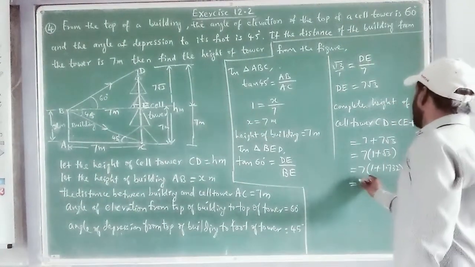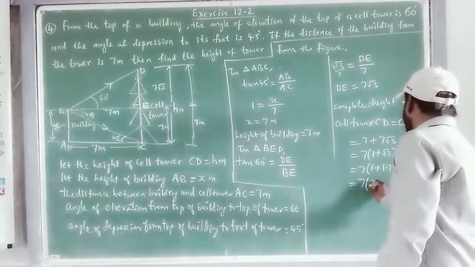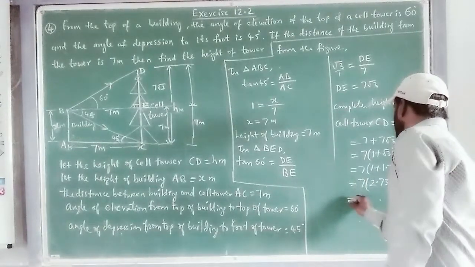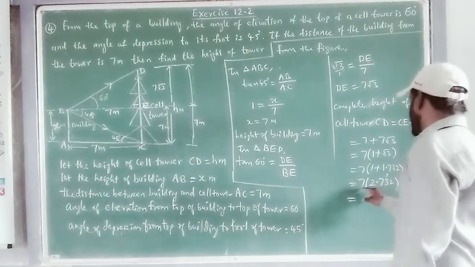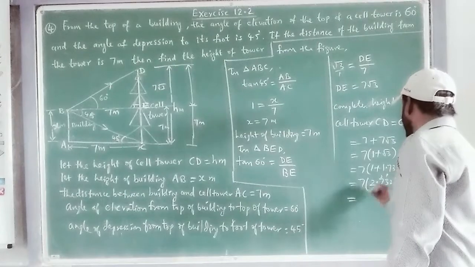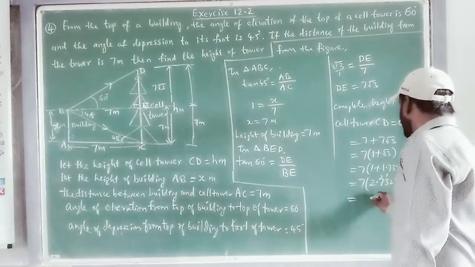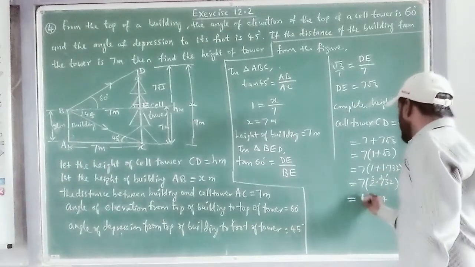Before multiplying, you should add 1 plus 1.732, that is 2.732. Multiplying with 7: 7 2s are 14, 1 carry, 7 3s are 21 plus 1, 22, 2 carried, 7 7s are 49, 49 plus 2, 51, here decimal point, 5 carry, 7 2s are 14 plus 5, 19.